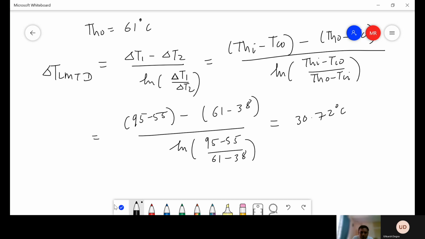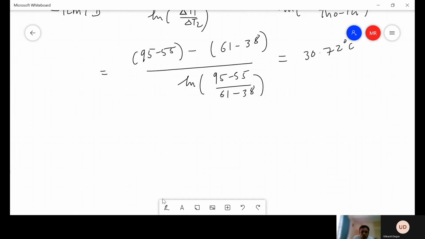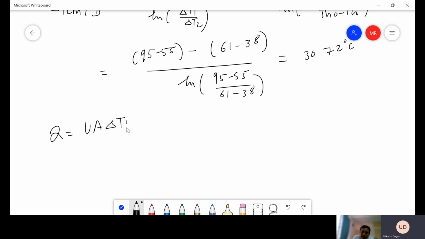Now once we know the LMTD, we can calculate the area. Q can also be written as U0 A delta T LMTD, isn't it? So area we can calculate as Q divided by U delta T LMTD.